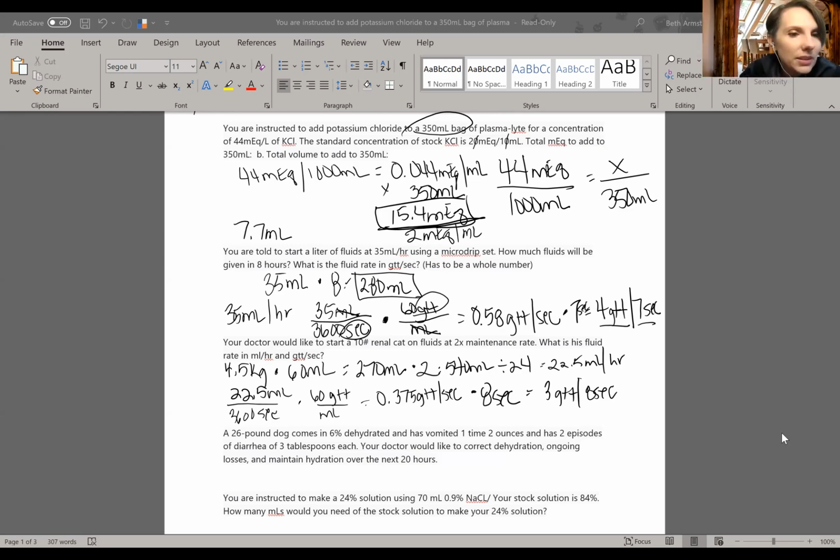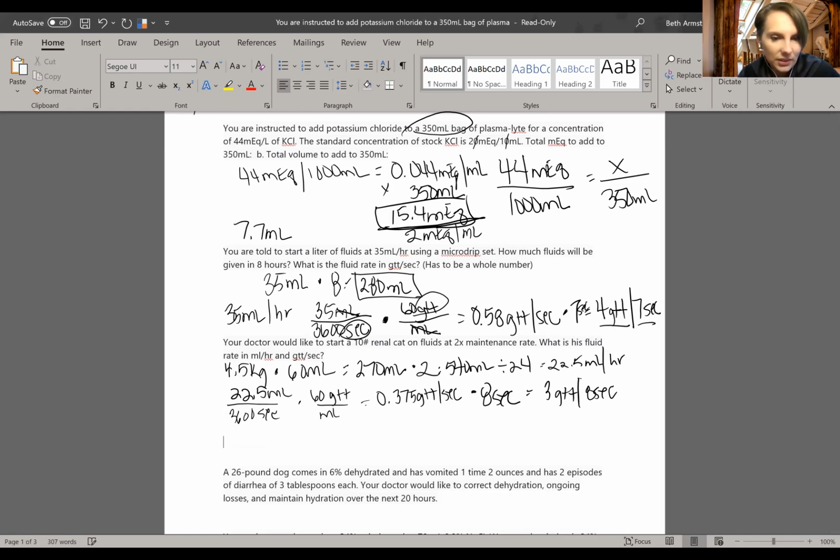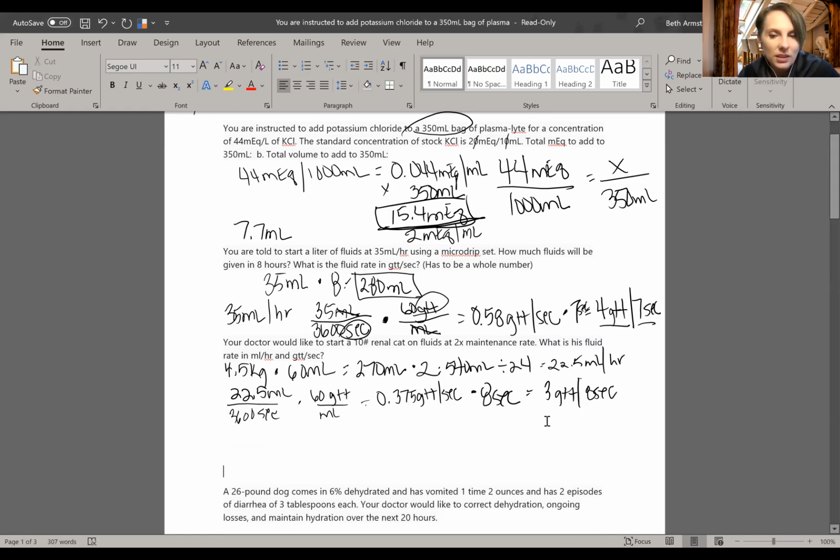In school, I learned that maintenance is kilograms times 50 mLs per day. Is there a difference? Okay, so here's the deal. Technically, Sarah has the maintenance formula that we really should be utilizing for cats right there.